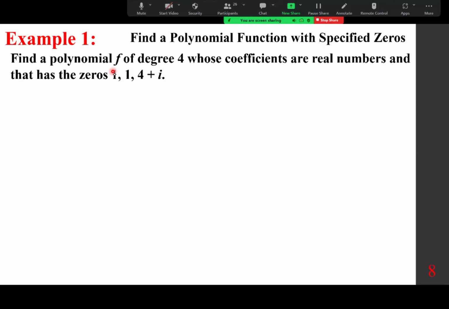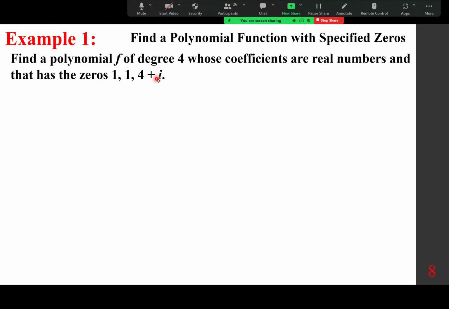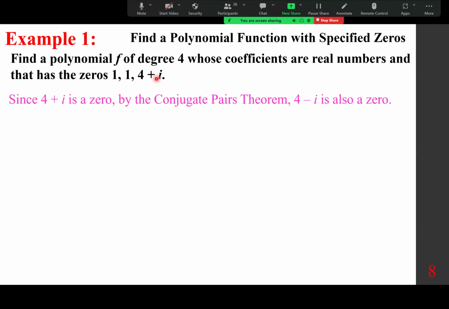Now, this has degree 4 and it must have 4 zeros. Since 4 plus i is a zero, by the conjugate pairs theorem, 4 minus i is also a zero. So those are the 4.